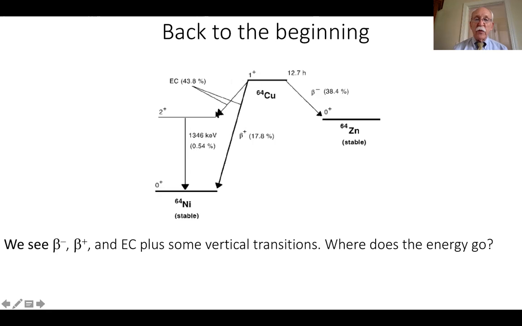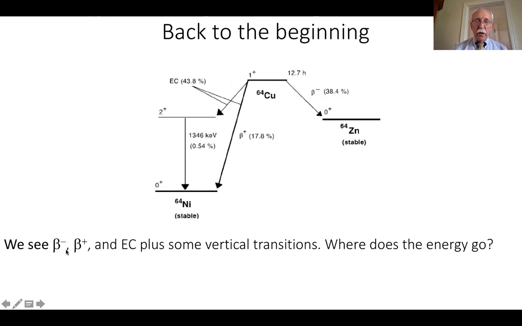All we see is an X-ray for the electrons filling the vacancy left by the electron consumed by the nucleus. So that's called electron capture when that happens. And it competes with the beta plus for the decay probabilities.